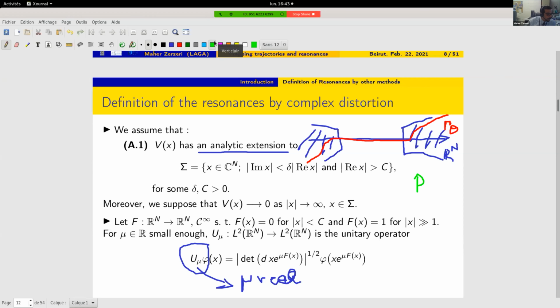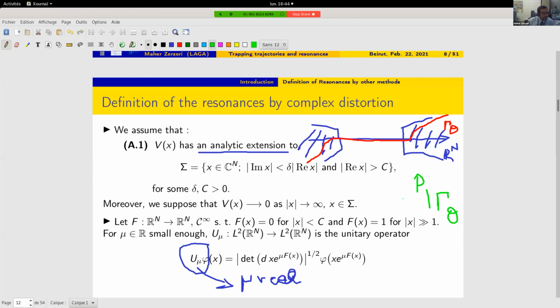So since the potential V can be extended in an analytic way, we can restrict our operator P to gamma theta, to this manifold, the red one. And now, because gamma theta is not Rn, our P is no longer self-adjoint. So it's a non-self-adjoint operator, and possibly it can have some complex eigenvalue, okay? This is the idea.